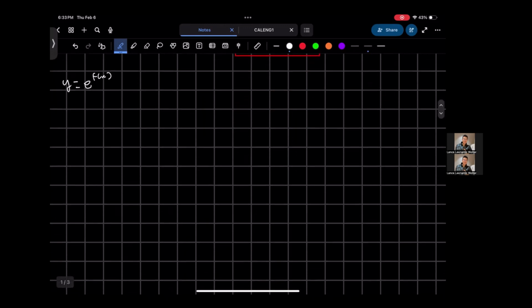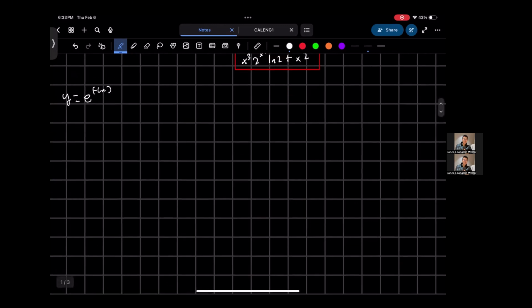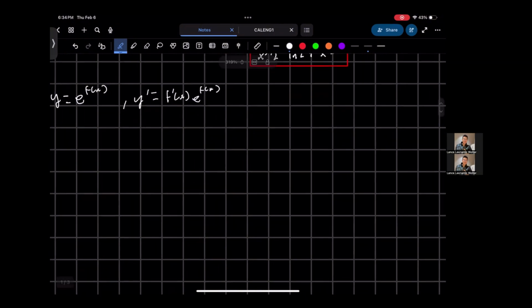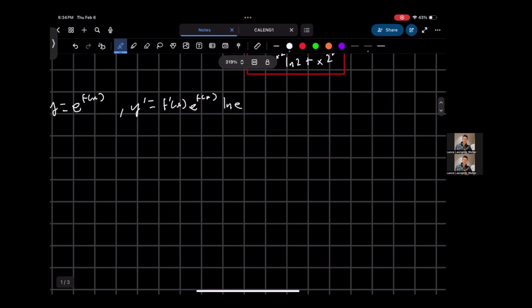Now, for a case like this, it's actually much simpler than if it was a base because our derivative is just the derivative of our exponent times e raised to f of x, but no more ln. Now, why is it that there's no more ln? Because remember, we get ln of e, right? If we're applying the same concept as the previous one. However, ln of e is just 1, so we can just disregard that.